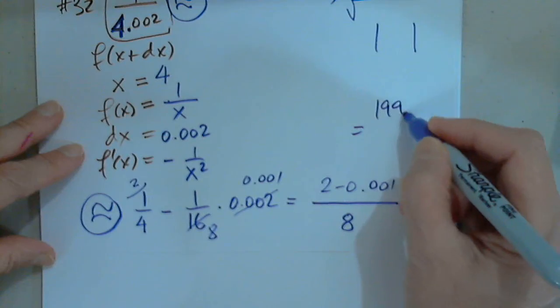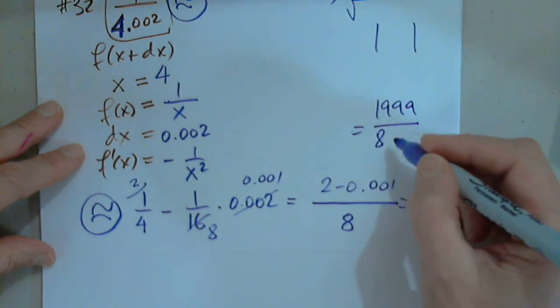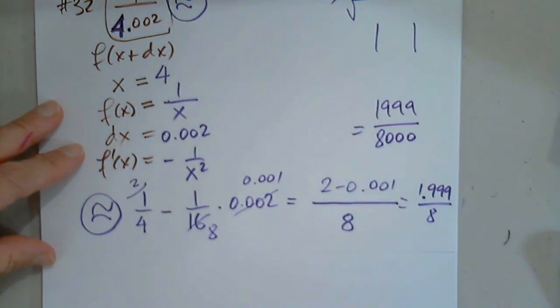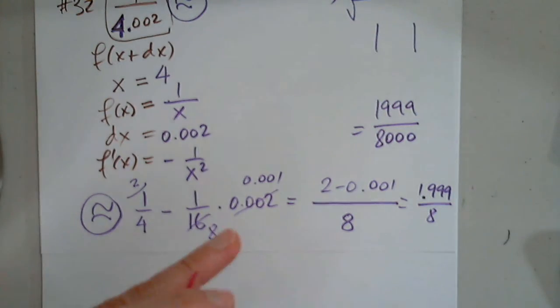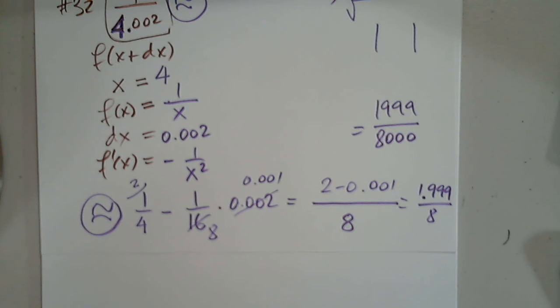So 1999 divided by 8,000. I'm going to share, and I'm going to stop right after this. I just want to show 1 divided by 4.002, and I want to show 1999 divided by 8,000. Done with calculus.